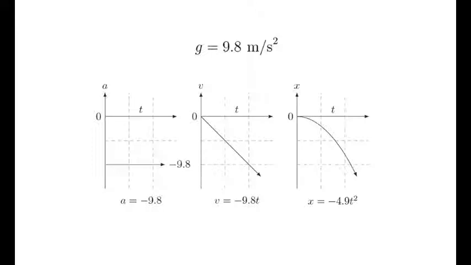So whenever I use g, I've got to put the negative sign in there, all right? The bottom line: whenever you see the letter g, it's 9.8 meters per second squared. Do not put the minus sign in there, otherwise you'll get things wrong. Another way to say this in symbols is that a is always negative g.